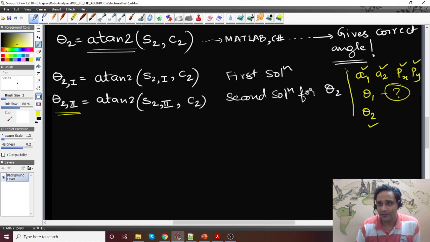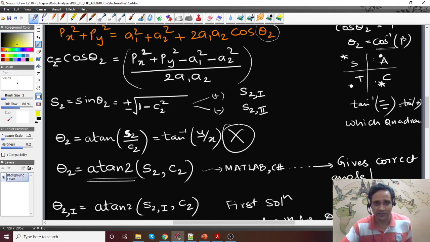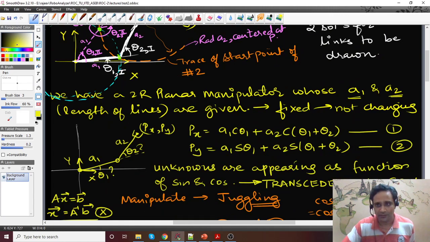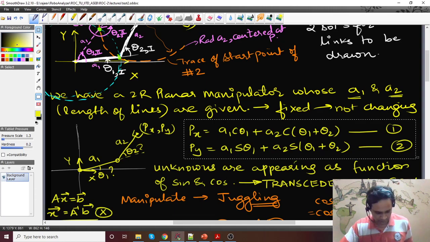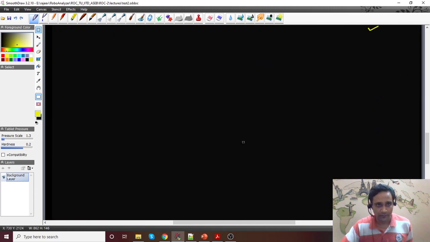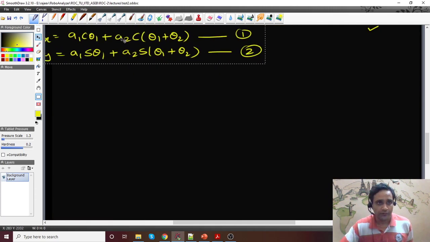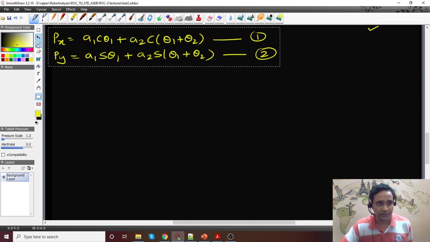We have to find the value of theta 1. How do we do it? Again, we'll have to go through the initial set of equations. So let me cut this because we are going to use them again. These are the first set of equations we have.